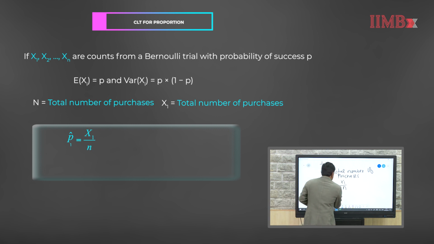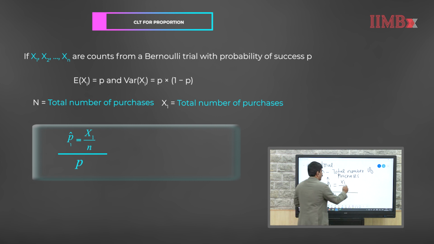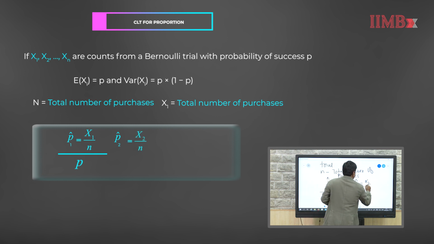We are going to assume that in the population, the proportion is P. We are forming a sampling distribution. From first sample, the estimated value is P1 hat, and from second sample, the estimated value will be P2 hat, which is x2 divided by n, and up to Pn hat, which will be xn divided by n.